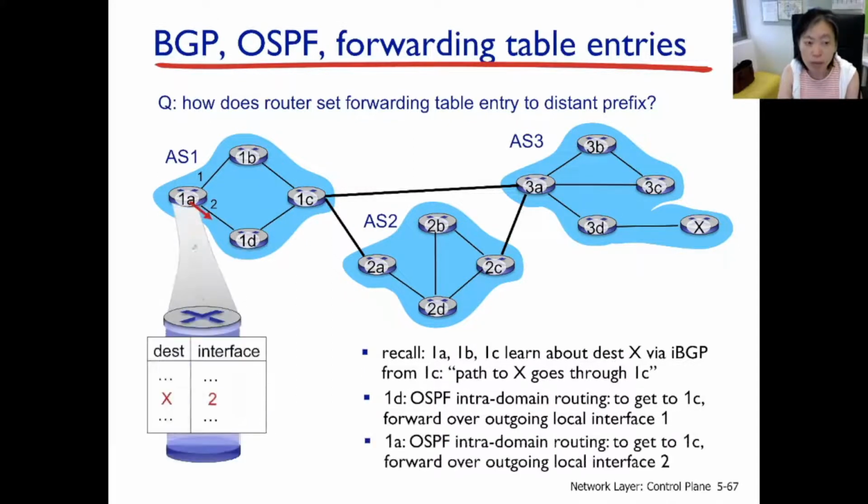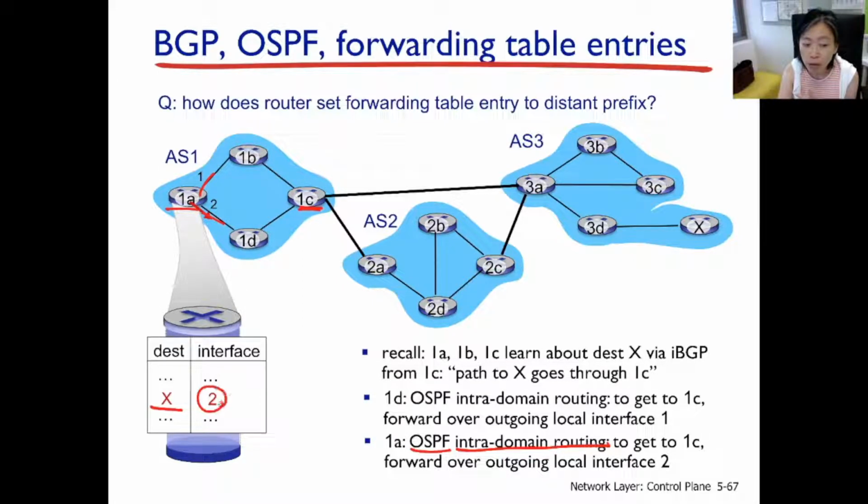Similarly, let's derive it again for 1A. 1A knows that for destination X, I should be forwarding packets towards router 1C. So let's call intra-AS routing and find out from OSPF what the shortest path to 1C is and which link, is it 1 or 2, is on the shortest path.